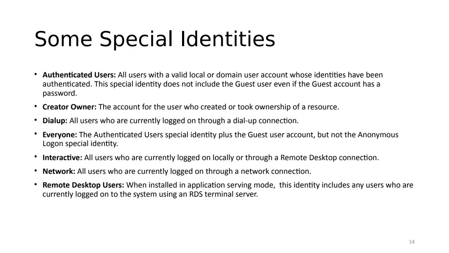Or a local one. Remote desktop users, when installed in application server mode, this identity includes any user who is currently logged onto the system using RDS terminal server. You know when we installed Azure, we are connecting RDS. Any questions?